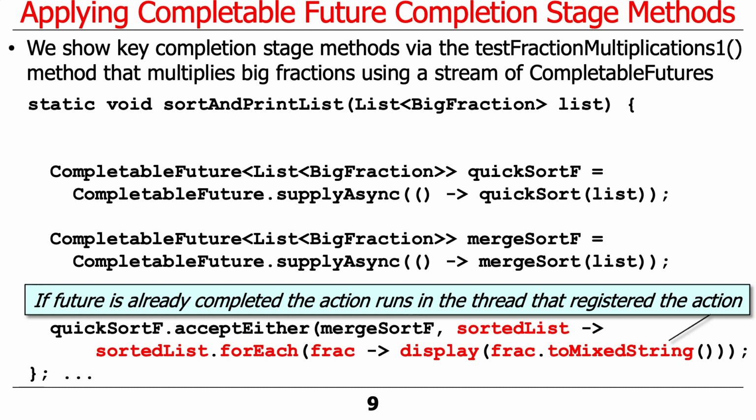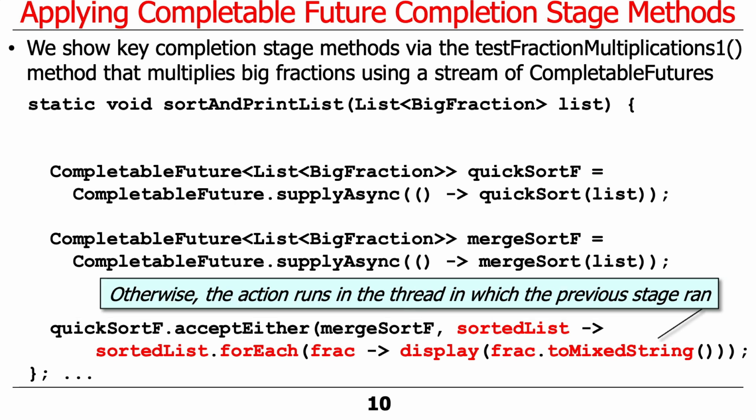Whatever thread just did these two things above will be the one here, if those completable futures have already finished. It's often the case that they will not have finished, so what will actually happen in that case is if they haven't finished, it'll run in the thread that the previous stage ran in. So whichever previous stage finished first, that'll be the one that will handle the results to, in this case, print the ones that are going to be sorted, whichever one finishes first.